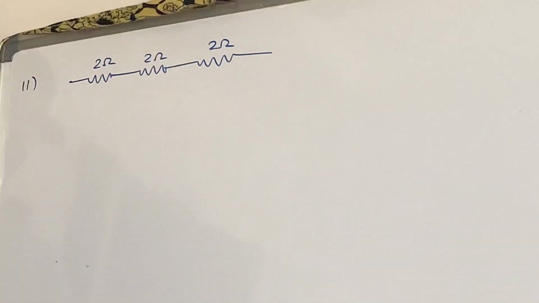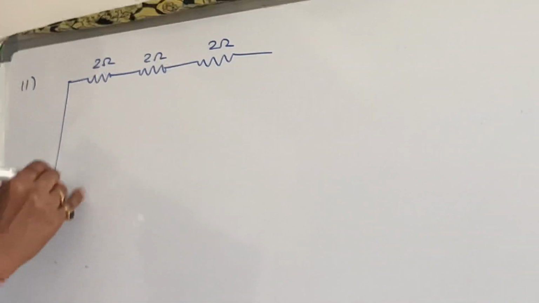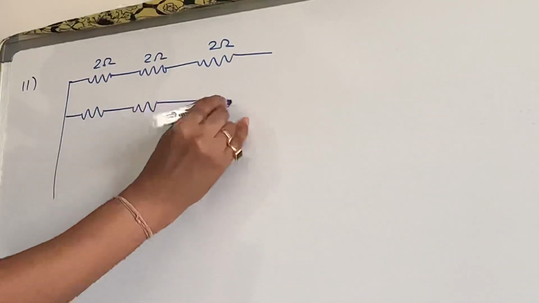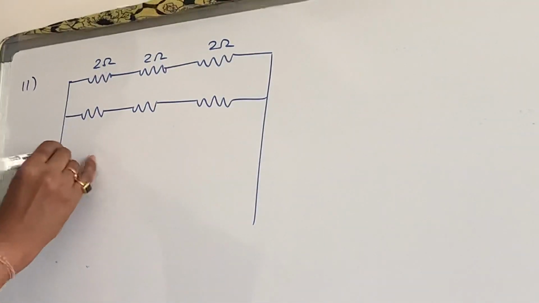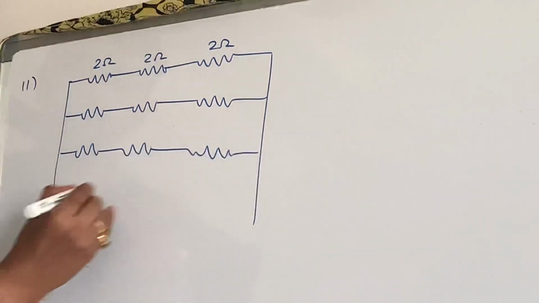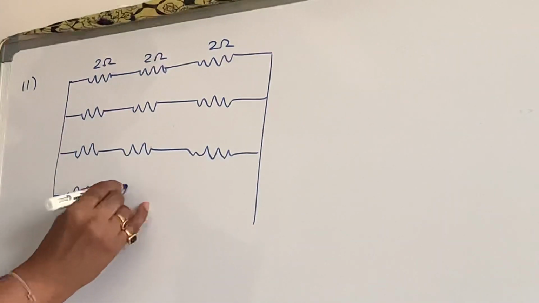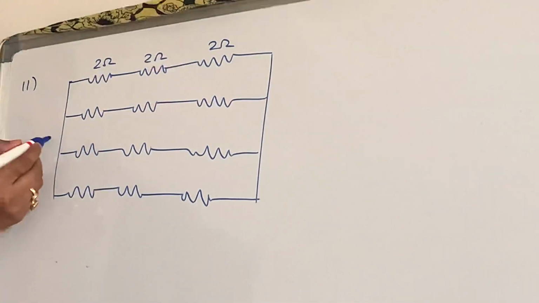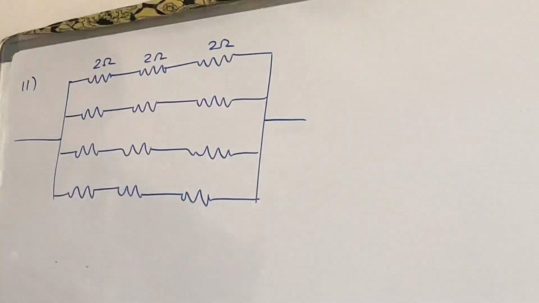Right? 4 similar sets are connected in parallel. So this is one set. This is the second set. Right? And this is the third set. Right? They are connected in parallel.